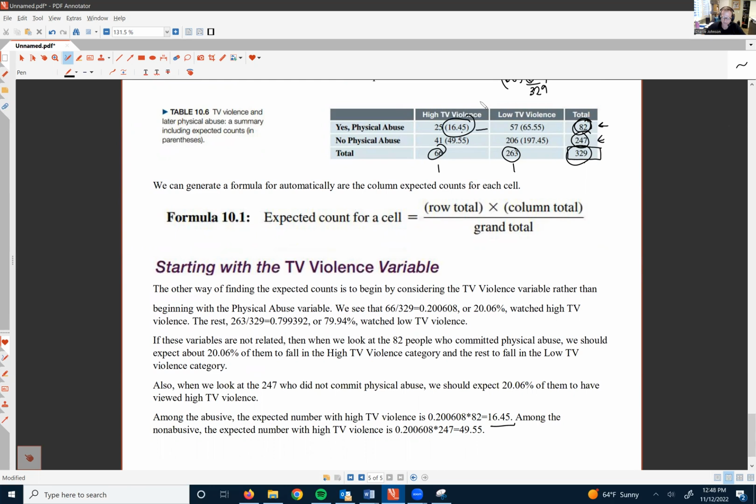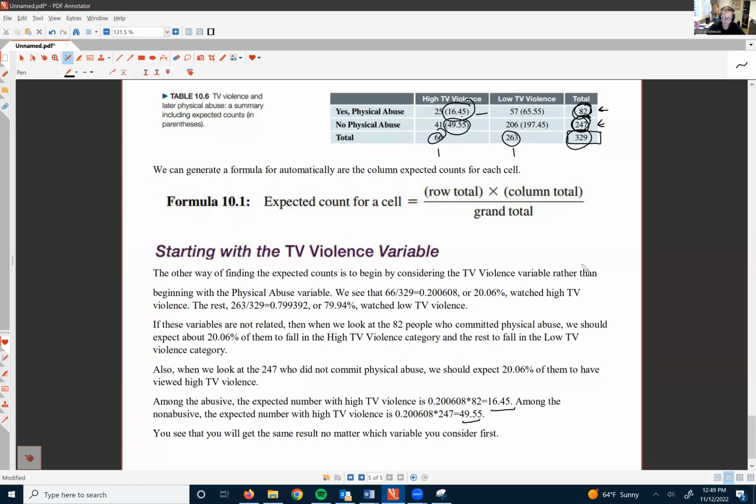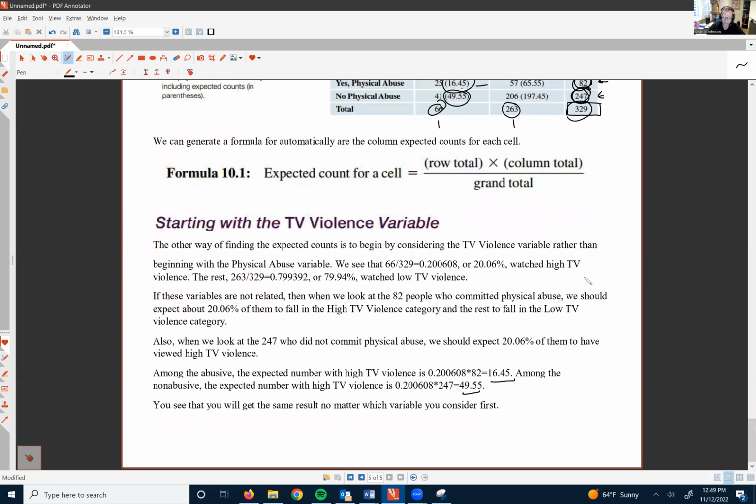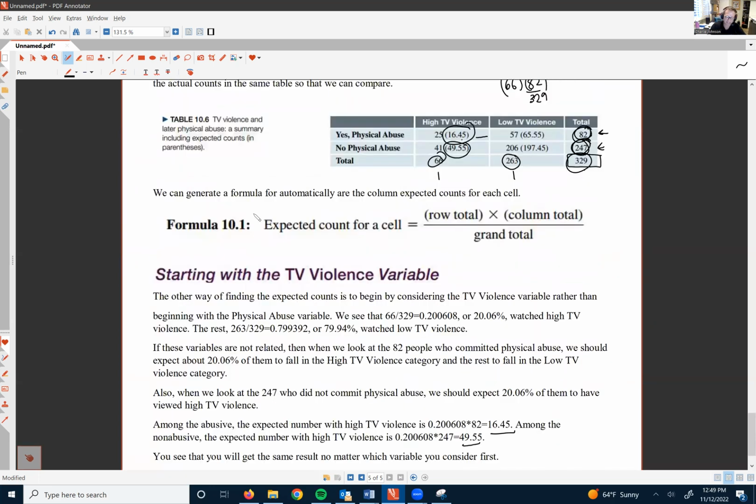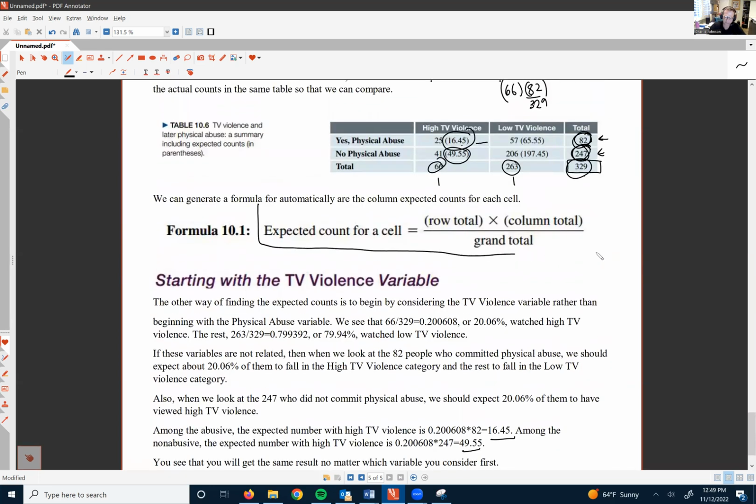Among the non-abusive, the expected number with high TV violence is 0.200608 times the 247, which is 49.55, which is what we calculated the other way. So you'll see that you get the same result no matter which variable you consider first, and that's exactly why we use this formula to come up with expected counts.